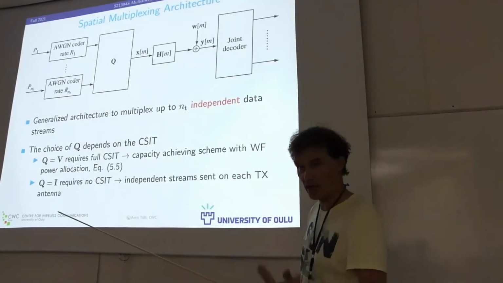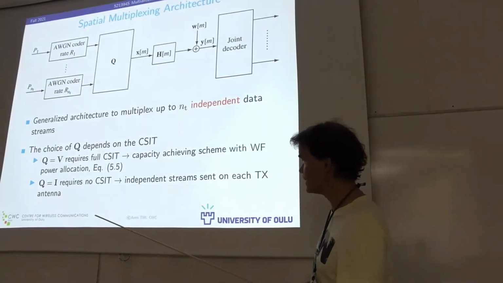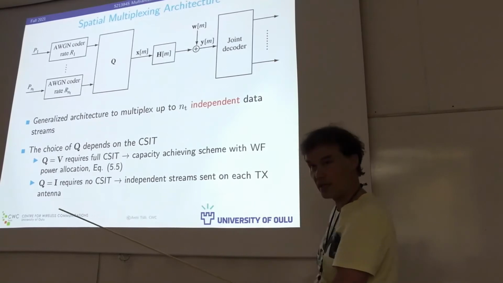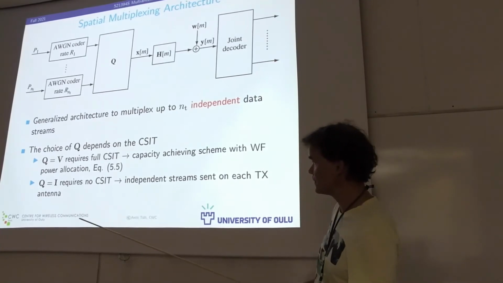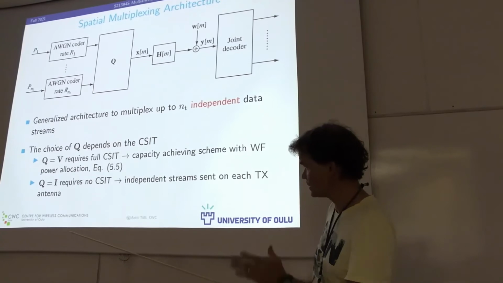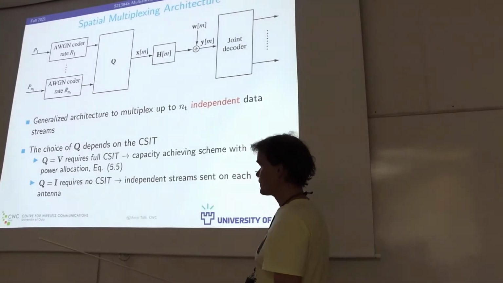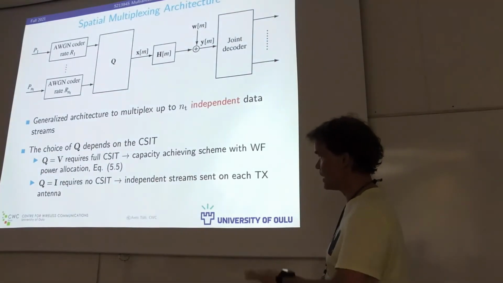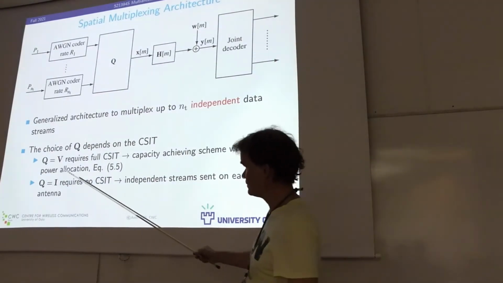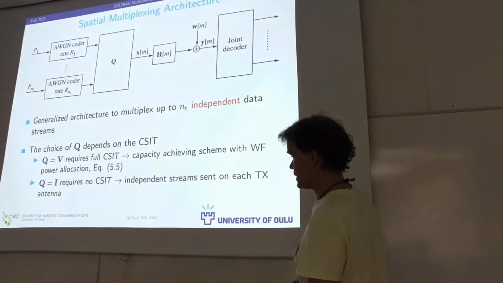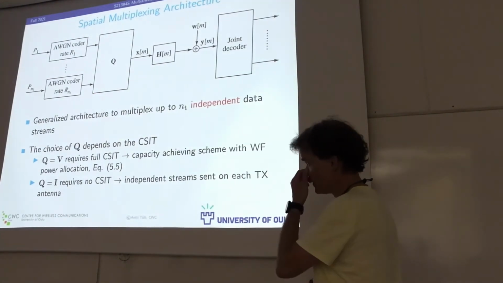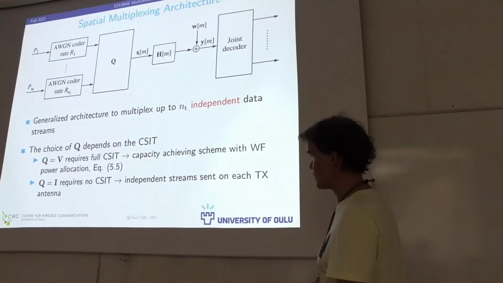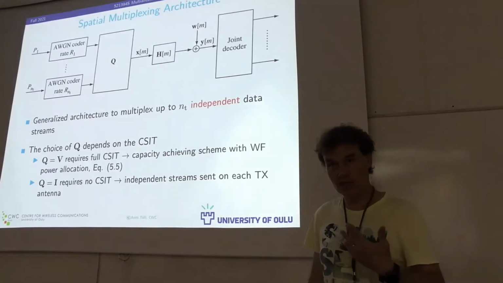Assuming that the pilots are antenna specific in uplink, we can estimate the channel response from each base station antenna to all transmit antennas, construct the channel estimate at the base station, and use that for transmission simply with the SVD processing as we went through previously. But it requires full CSI, full channel state information at the transmit. In TDD, it comes kind of for free.